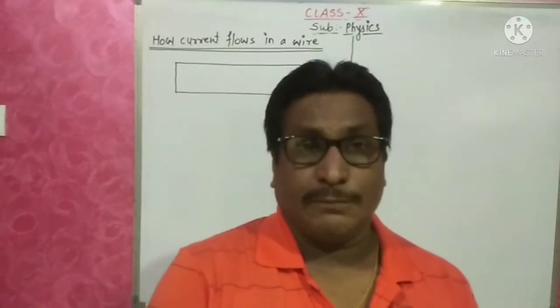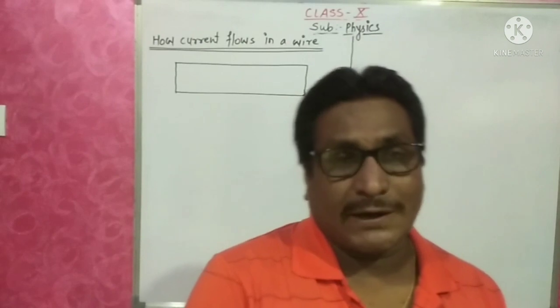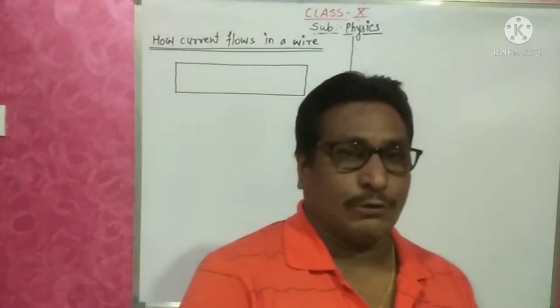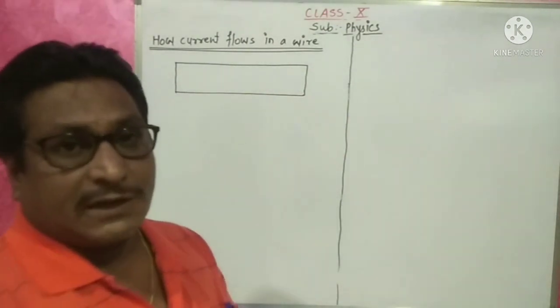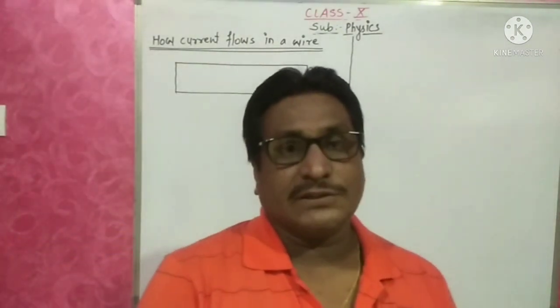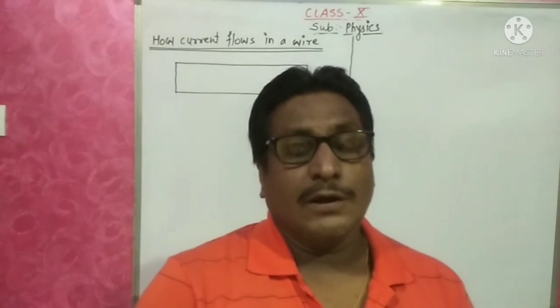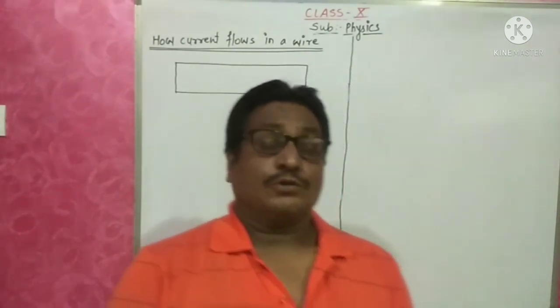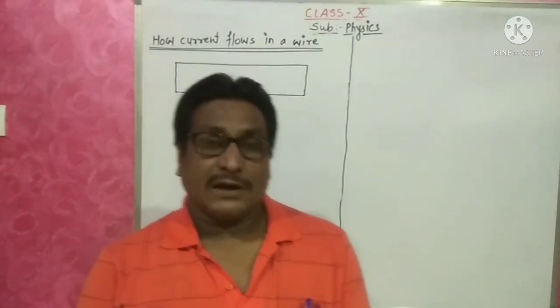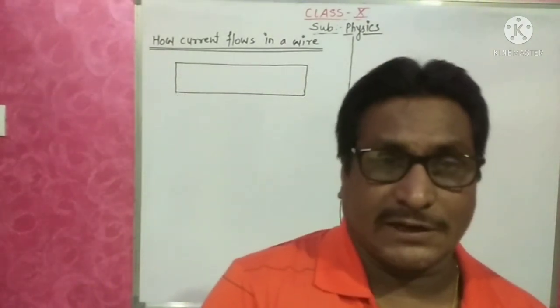For conductivity, the most important subatomic particle is the electron. In the difference between conductor and insulator, we studied that a conductor has free electrons, so due to free electrons, current flows in the circuit.